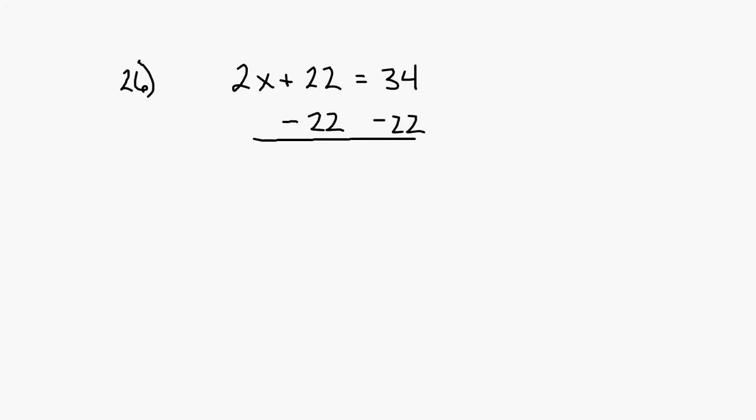If it's on the angle bisector, it means that 2x plus 22 is equal to 34. So you can subtract 22 from each side, and 2x would be equal to 12, and divide each side by 2. x is equal to 6.